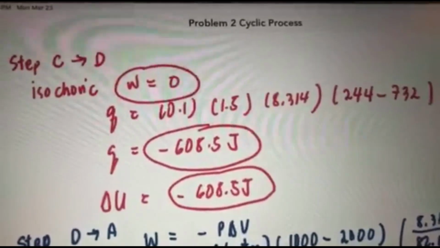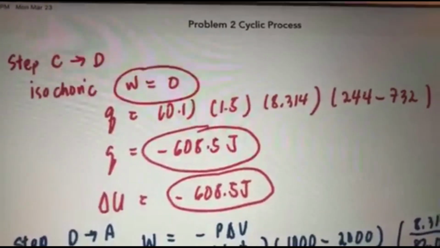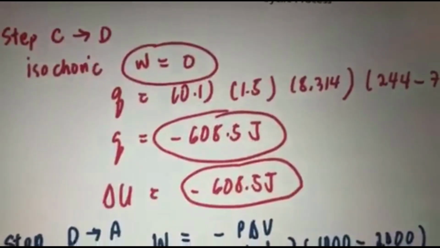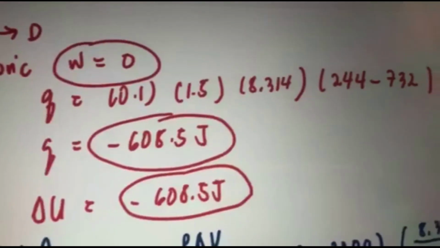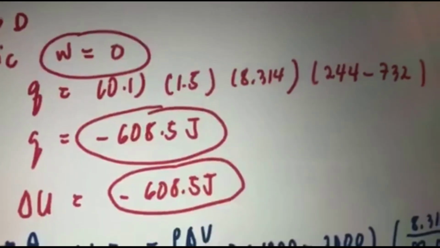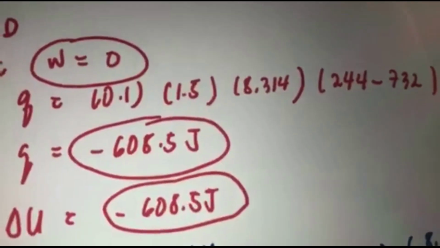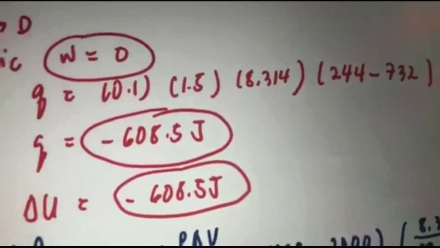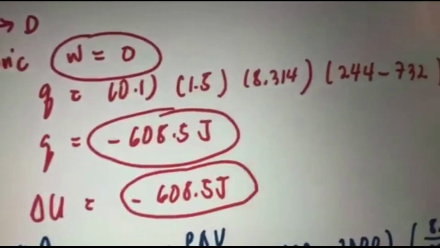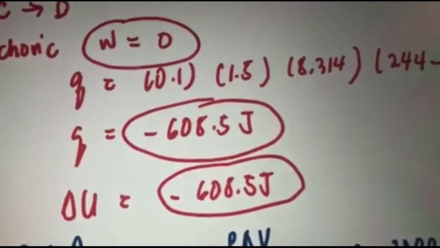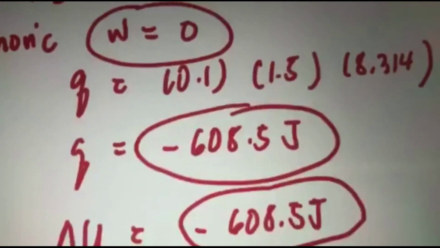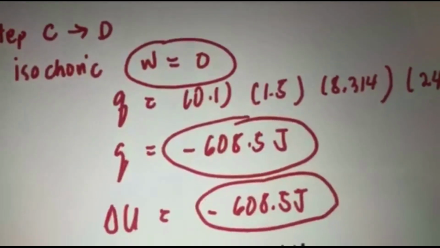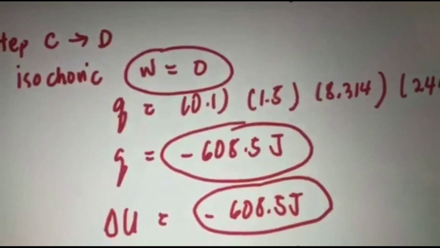For step C to D, again, this is similar to A to B. Since the process is isochoric, work is equal to 0, and Q is equal to nCVM delta T. So we have 0.1 times 1.5 times R times TD minus TC. So Q is equal to negative 608.5 joules. And delta U is equal to Q since work is equal to 0.